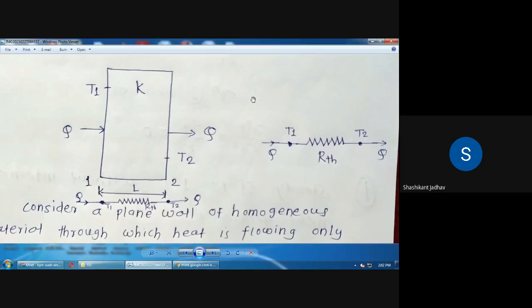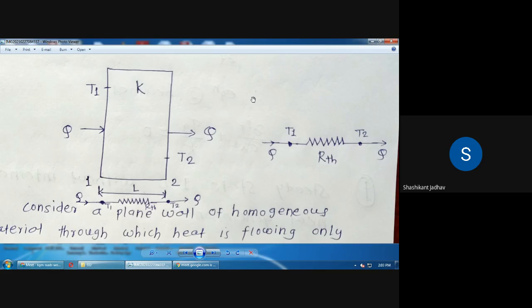Draw the diagram at the bottom of this plane wall, because the first dot is for the left hand face, the second dot is for the right hand face, and in between there is a thermal resistance. Heat transfer through that section takes place, that is Q. At inlet the heat transfer is Q and at outlet the heat transfer is Q.